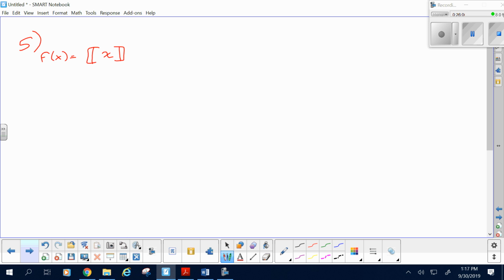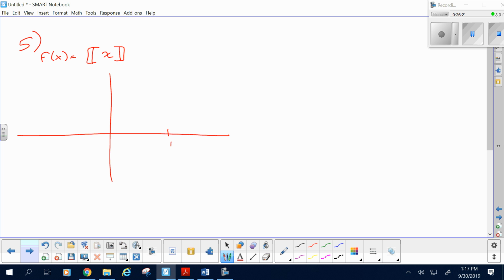You would have to round up or down accordingly. So when you can't have part of something, you'd often use a greatest integer function to make your program work and only give whole numbers.